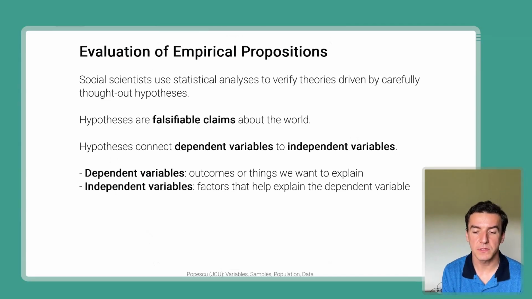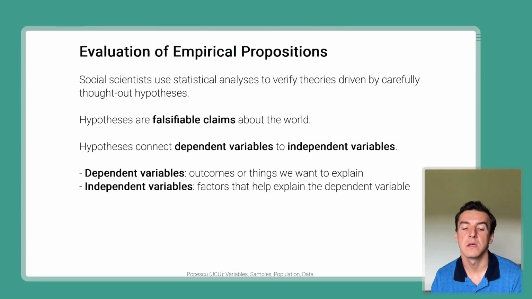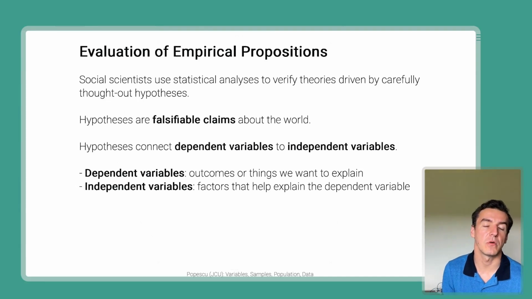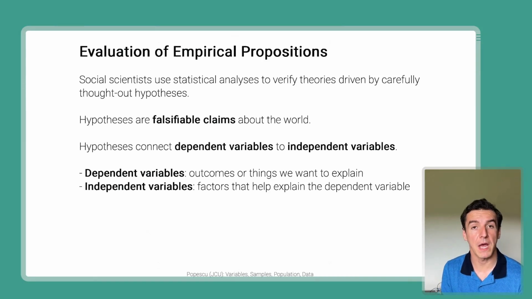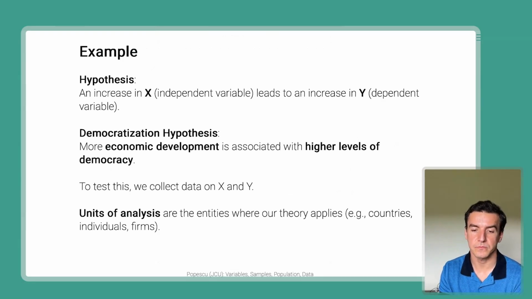Hypotheses have one dependent variable and one independent variable. Once again, the dependent variables are the ones that we're trying to explain. The independent variables are the type of factors that have an impact on the dependent variable. So all these hypotheses have to have these two elements.